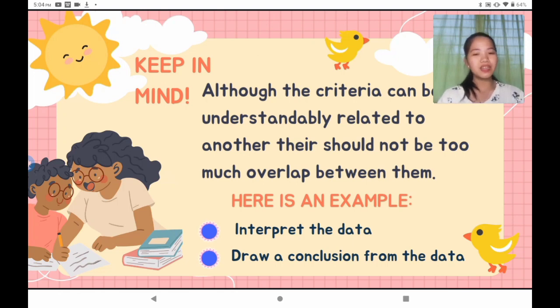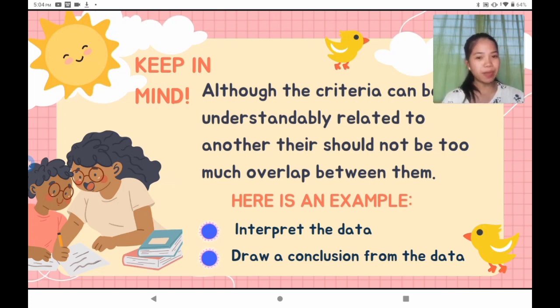And the second criteria is draw a conclusion from the data. When we say draw a conclusion, that means the students conclude information based on their interpretation of the data. So, as I've said, they overlap, they are related, but they have different purposes or meanings.